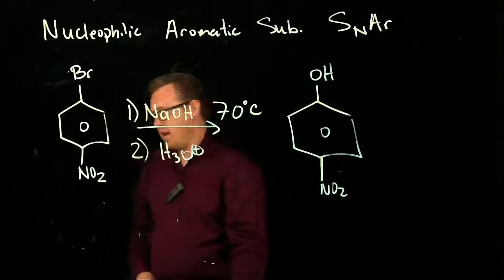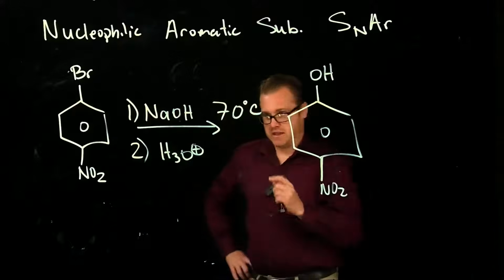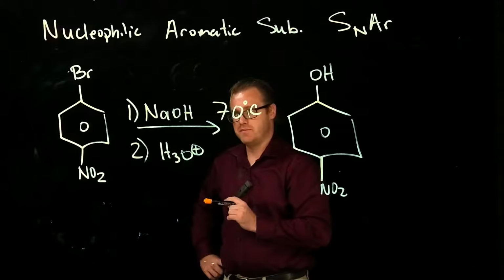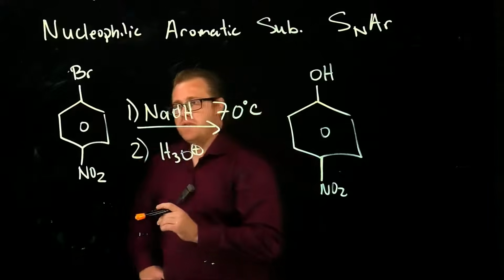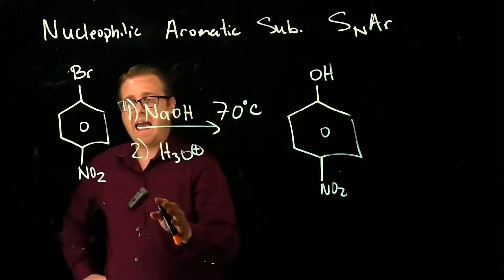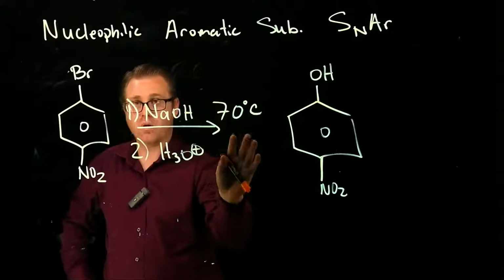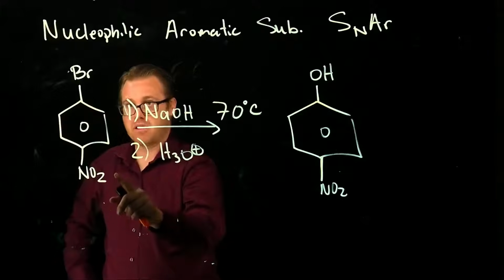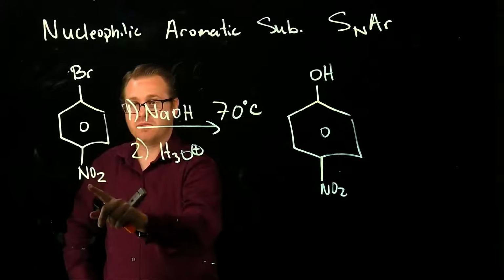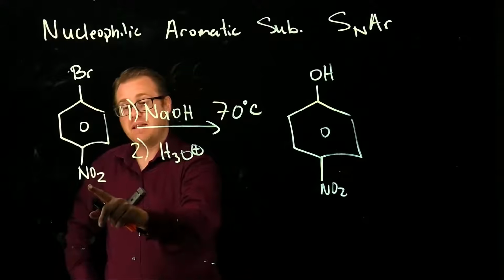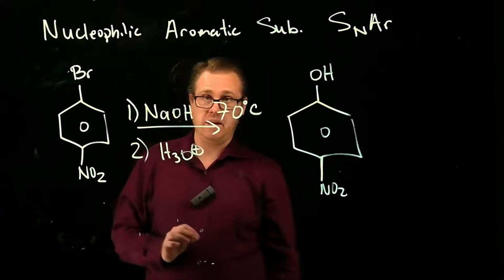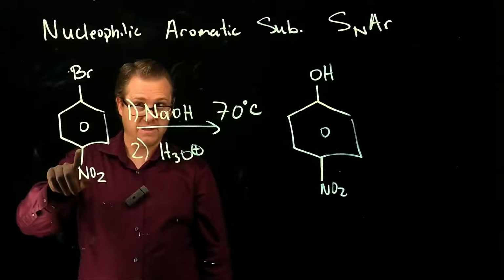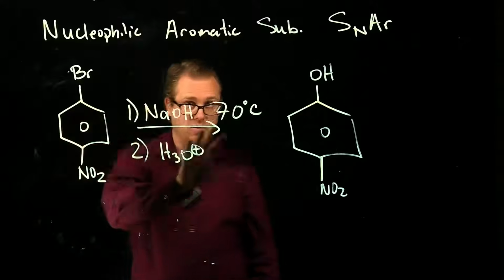Now, if we take a look at these conditions here, we have some rules here that we need to address. The first thing that you have to have in order to get this reaction to work is you have to have a very strong electron withdrawing group, typically a nitro group. And then that nitro group has to be in the para or ortho position in order for this reaction to work.